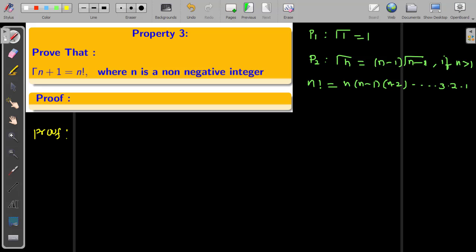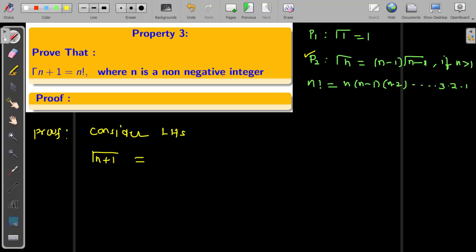The proof is given like this. Consider the left hand side. The left hand side is gamma of n plus 1, and we need to prove that it equals n factorial. This gamma of n plus 1 is nothing but, applying property 2, for gamma of n the property says n minus 1 times gamma of n minus 1.